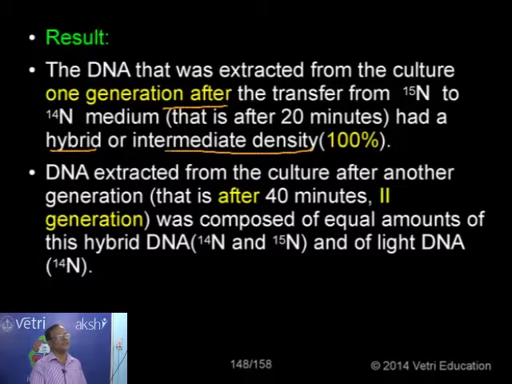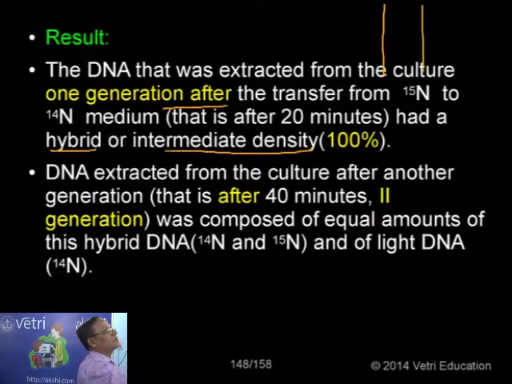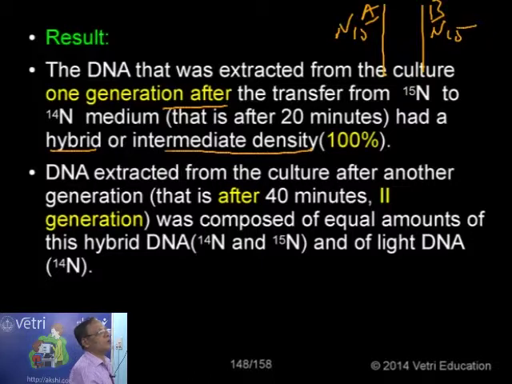Suppose this is strand A and strand B. These are the parallel strands, this one with N15, this also with N15. Now, after the first generation, they received all the DNA molecules.